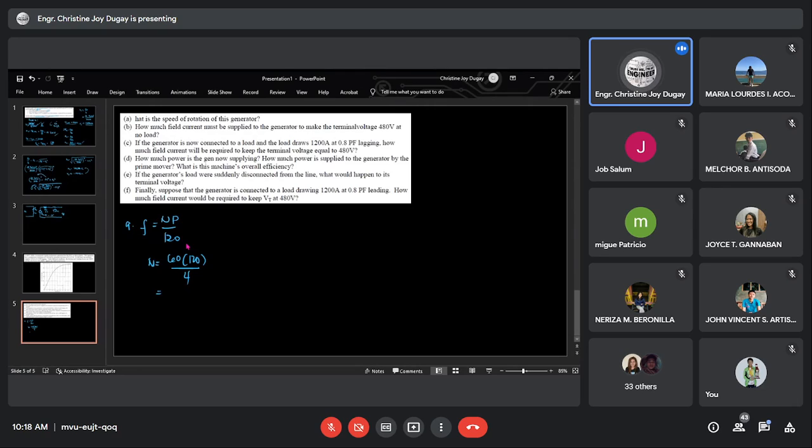That is 60 divided by 4, or 4 into 120, that is 30. So 30 times 60 is 1,800 RPM. Is that correct?